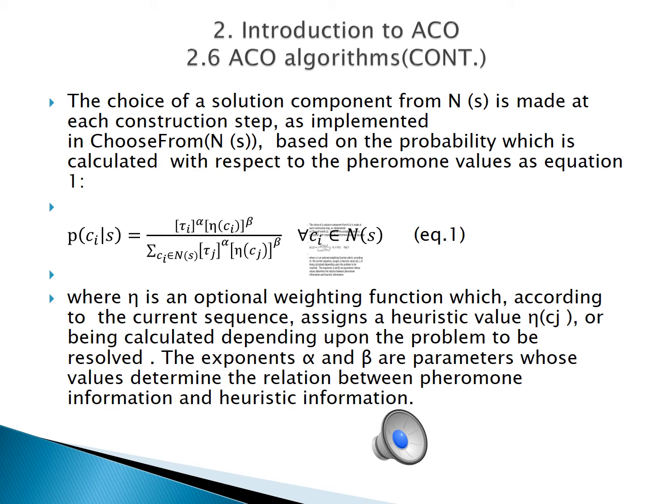The exponents alpha and beta are positive parameters whose values determine the relation between pheromone information and heuristic information.